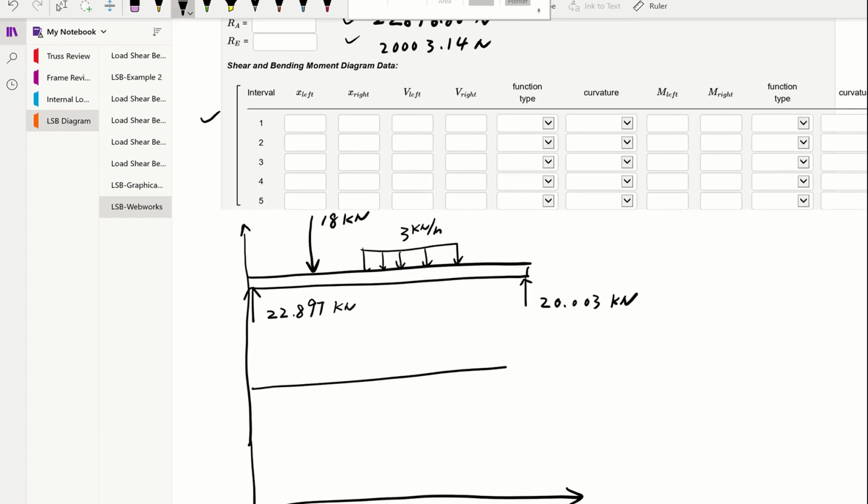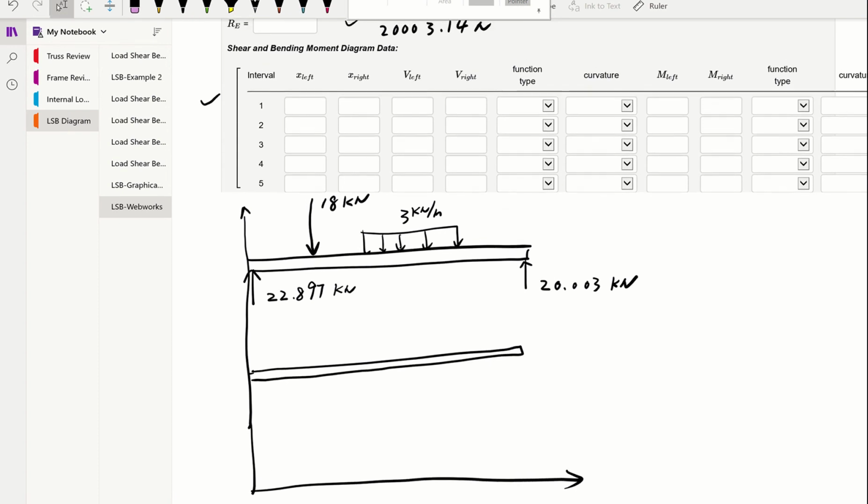And now we're moving up to our shear. So using our graphical approach, this reaction force is a concentrated load, so it's going up. So we're going to jump up on the shear to this value, which is 22.897 kilonewton.